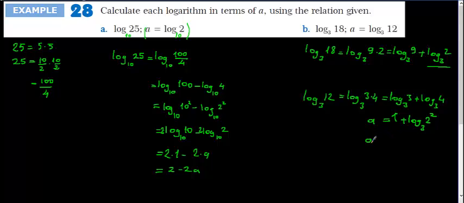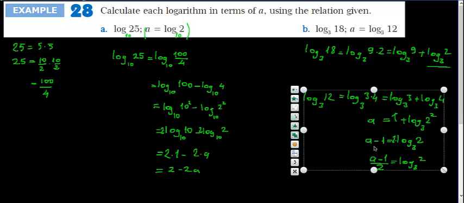So a minus 1 is equal to 2 times logarithm base 3 of 2. So a minus 1 over 2 is going to be equal to logarithm base 3 of 2. Why was I looking for logarithm base 3 of 2? Because this expression can be written in terms of base 3 and 2.